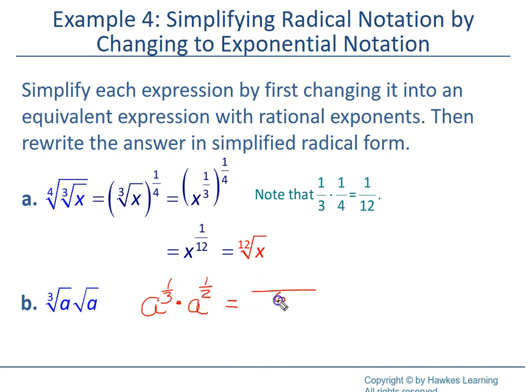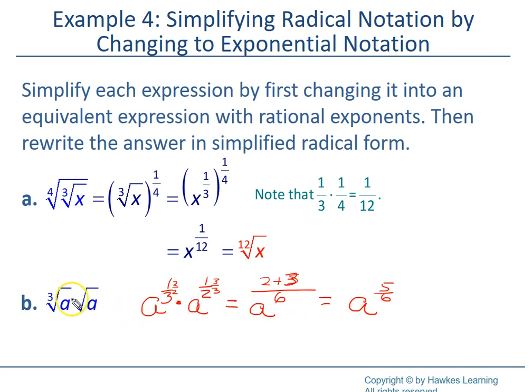It's going to be 6. We have to make this a 6, so this is going to be 2/2, 3/3. So this becomes a 2 plus 3, a to the 3 here, not 5, becomes a 5. A to the 5/6.